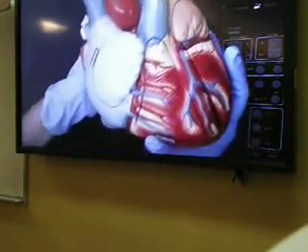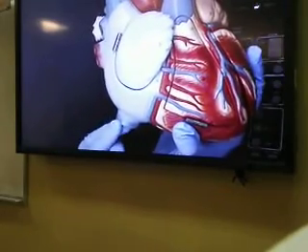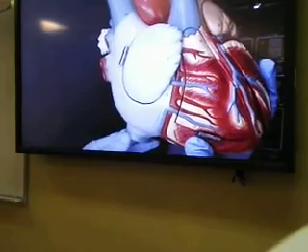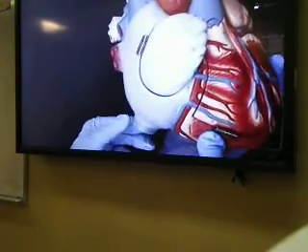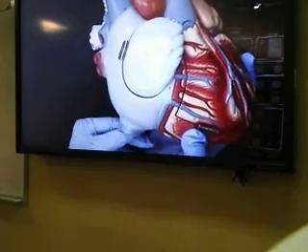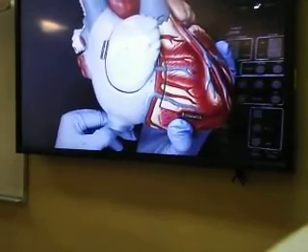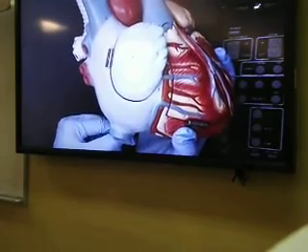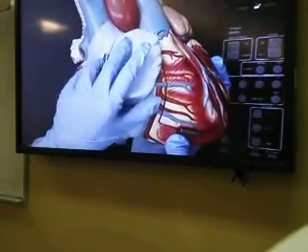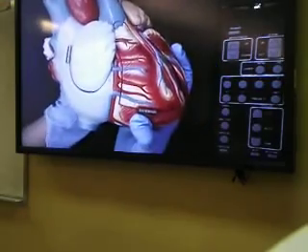Then if we look directly at the inferior region of the heart, there is another blue pipe-like structure, which we call the inferior vena cava, which takes all the deoxygenated blood from the lower part of our body, that means the lower limb and our trunk, and also puts that in the right atrium. So the right atrium receives those deoxygenated bloods.